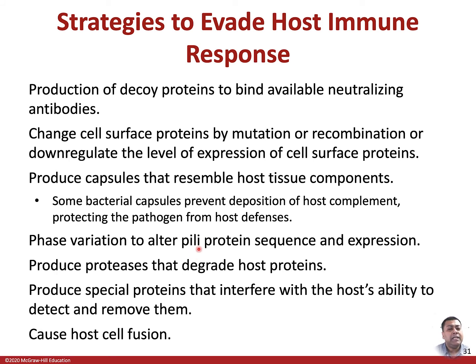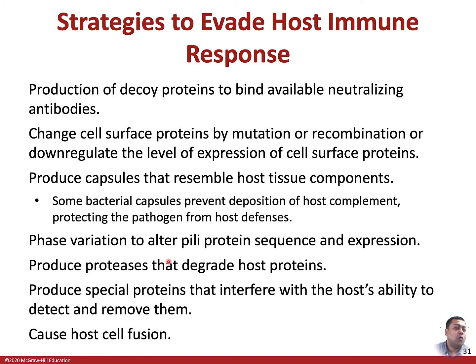These are very specific, unique proteins which are recognized by the host defense mechanism, our immune system, so that it can mount a reaction against them, producing antibodies or sending immune cells to battle Neisseria gonorrhoeae. But what Neisseria gonorrhoeae does is change or alter the sequence of these pilin proteins, and this is known as phase variation.